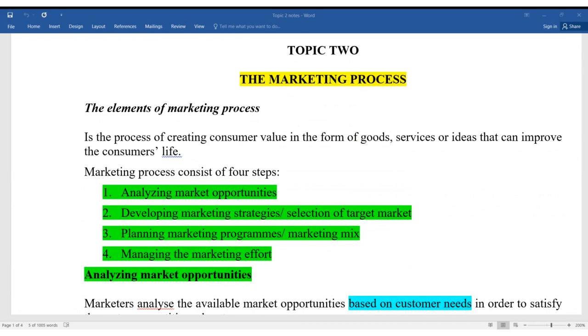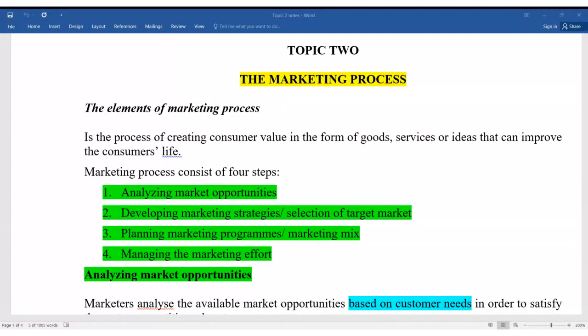Now, the marketing process has got the following elements listed down, highlighted in green: analysis of market opportunities, developing marketing strategies for selecting target market, planning marketing programs based on the marketing mix, and managing marketing efforts.